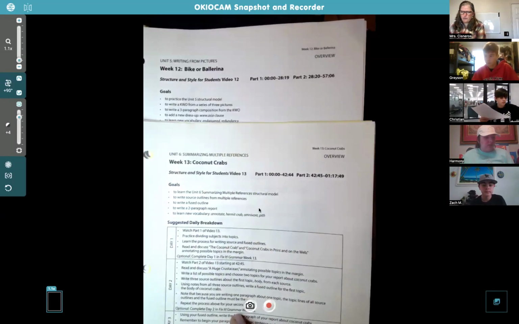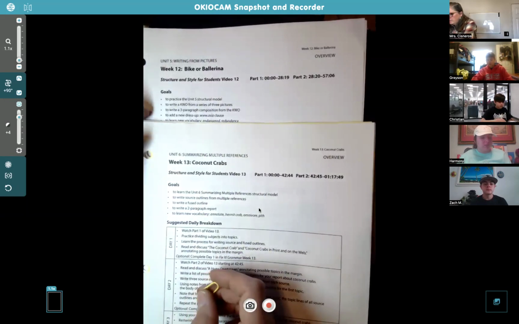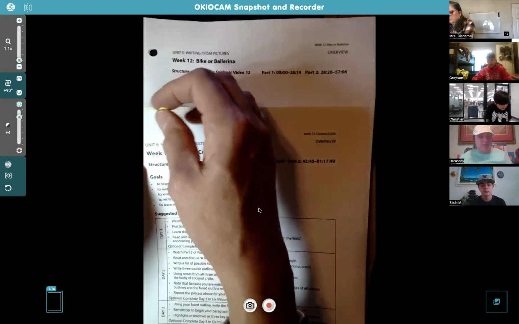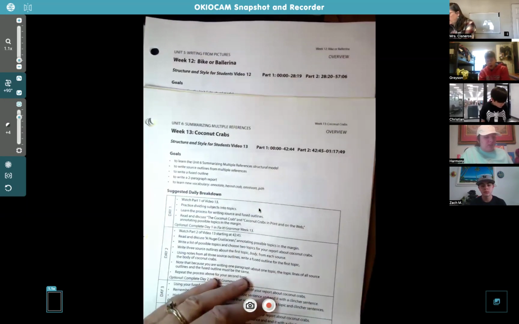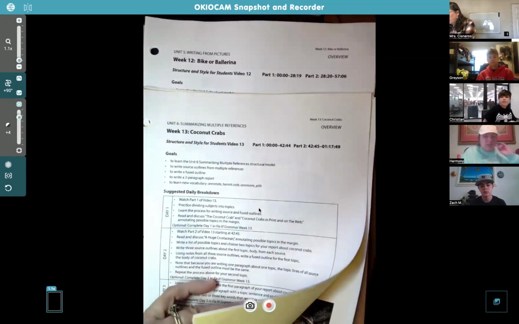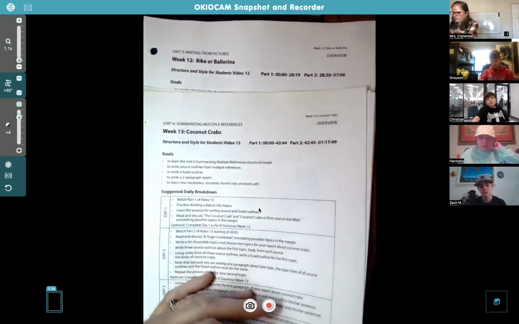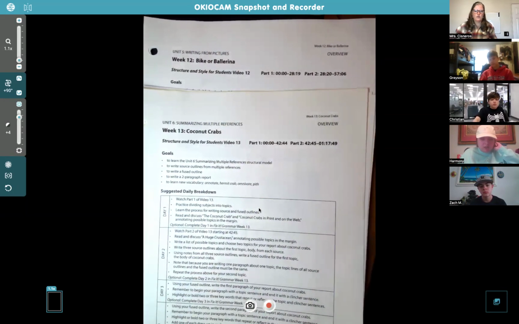We're going to start with bike or ballerina week 12, but we're also going to talk a little bit about week 13. So we want to get it all out and get it all ready. Week 13 has a bunch of pages. Let's see, it has 1, 2, 3, 4, 5, 6, 7 pages, or 6 pages actually for week 13.